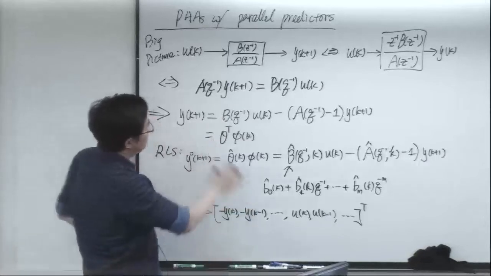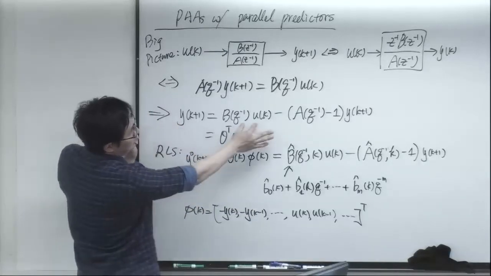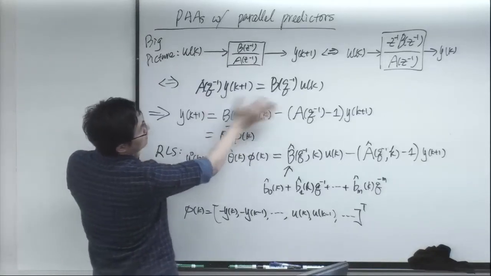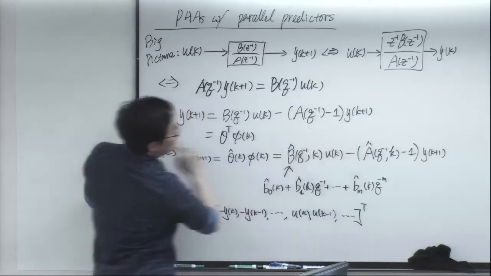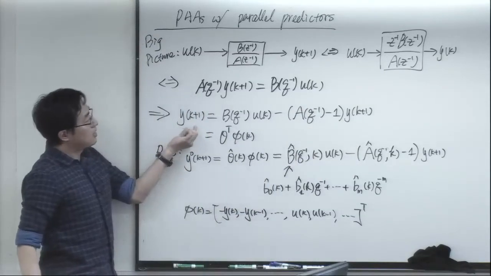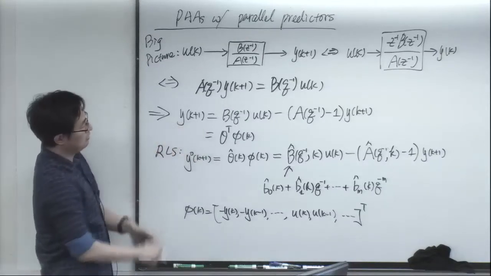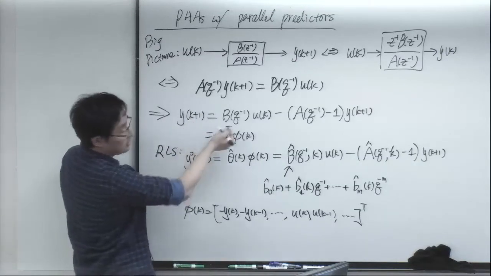The key idea is, I'm just shifting the terms a little bit. B(q^-1) u is the same, and I'm shifting this to the right, minus A(q^-1) times y_{k+1}, and I add y_{k+1} on both sides to derive a prediction type of formula. It's the same thing, but this is a prediction structure.